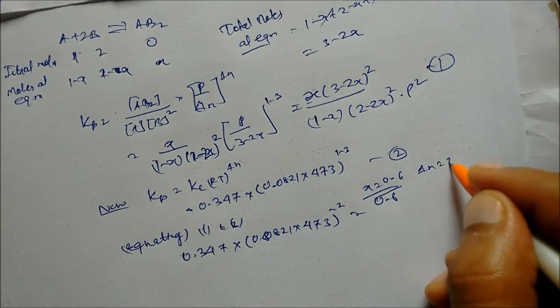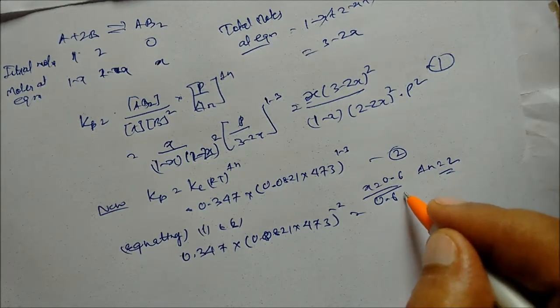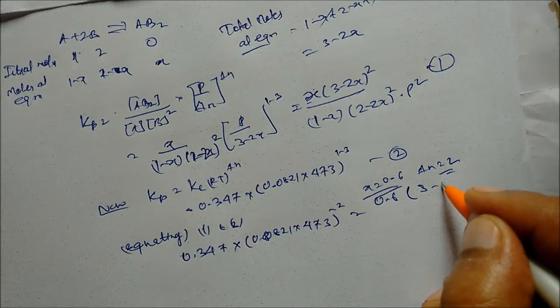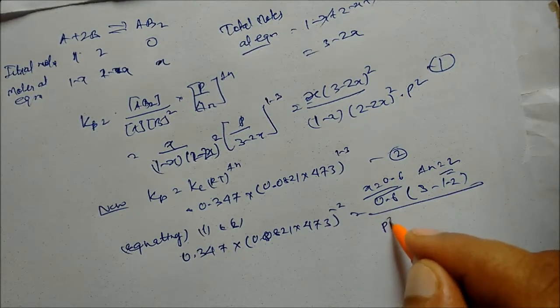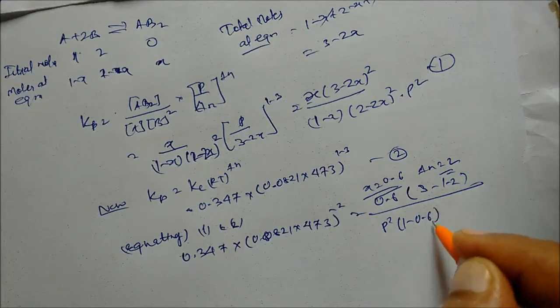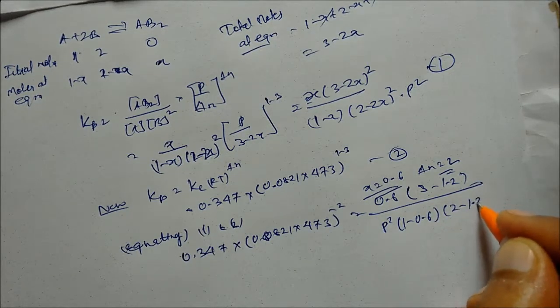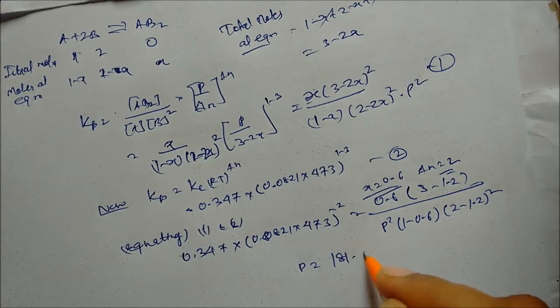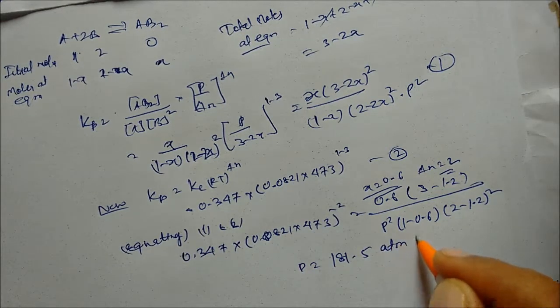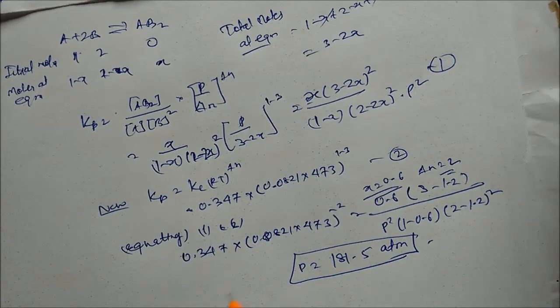Then delta n is 2, so 0.6 into (3 minus 1.2), and this will be P square into 1.06 into (2 minus 1.2) whole square. So we will get a pressure of 181.5 atmospheric pressure. This is our answer.